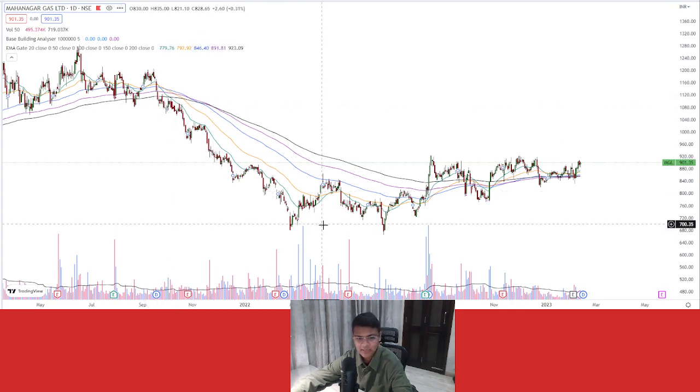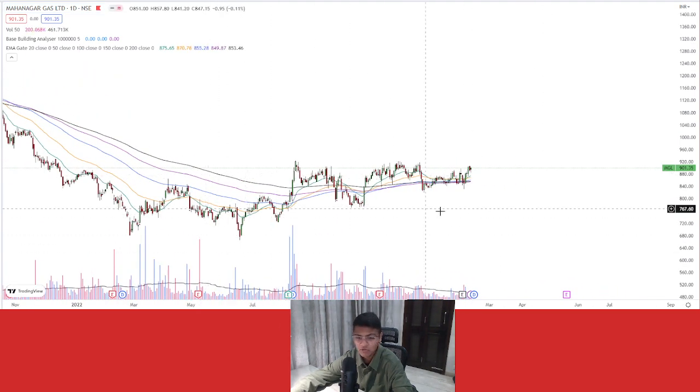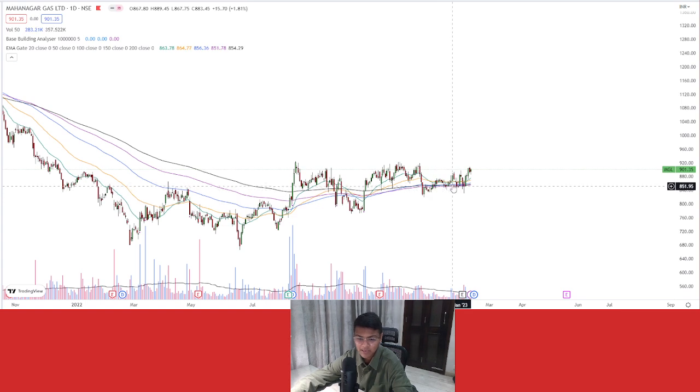So here the downtrend started and the moving averages were further away from each other. But now, when you look closely, while this accumulation phase is occurring, the moving averages have again joined together. They have come very close. So what this indicates is that if this stock goes higher, the averages are now in dormant mode.